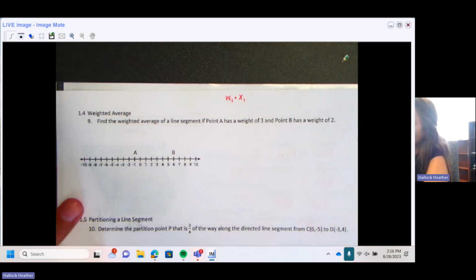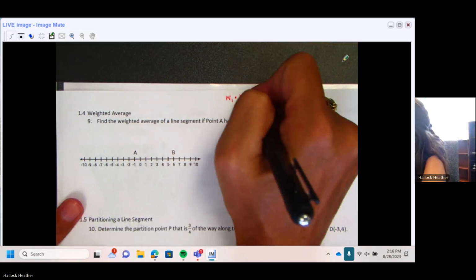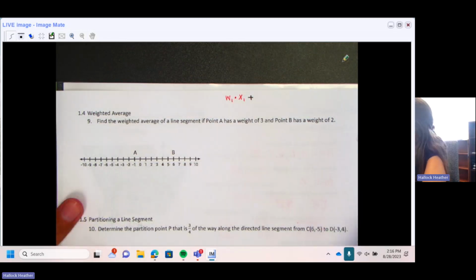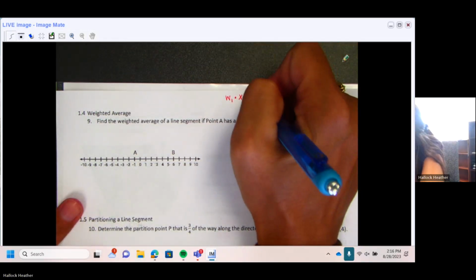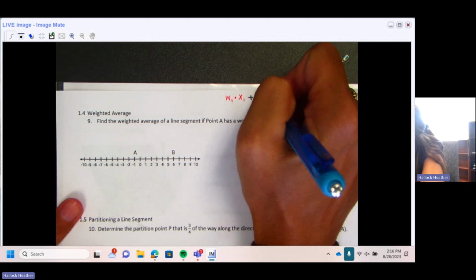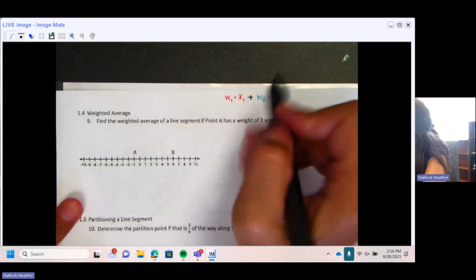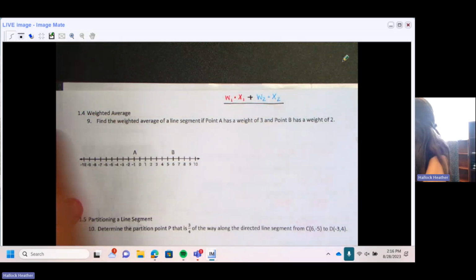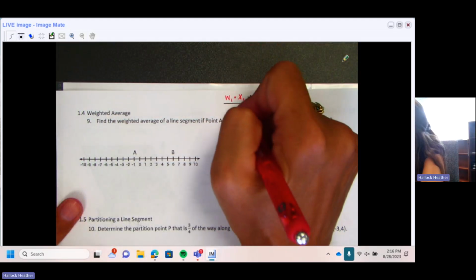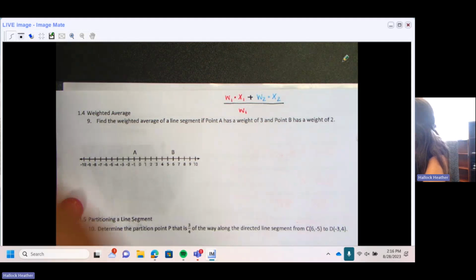And then you're adding the second weight multiplied by the second x value. You're dividing by the weights combined. So I'm going to do weight 1 plus weight 2.